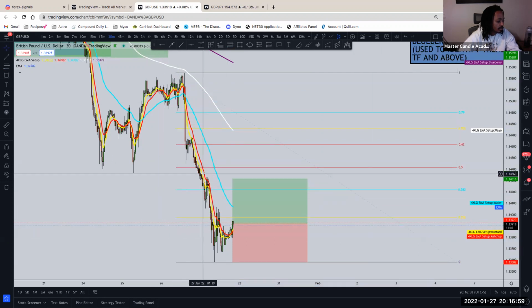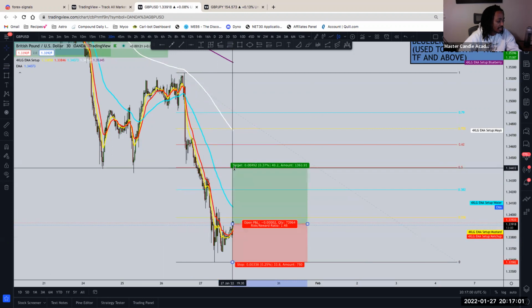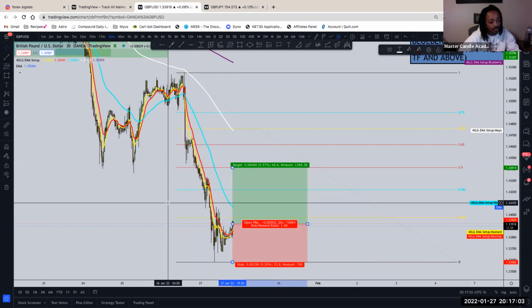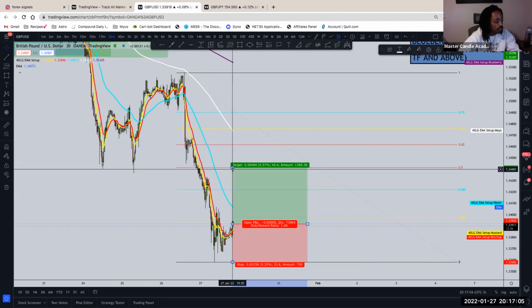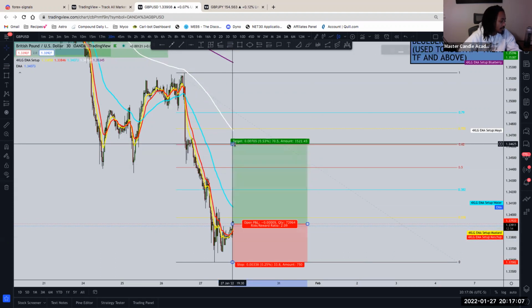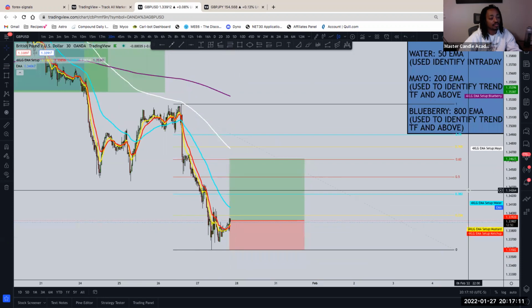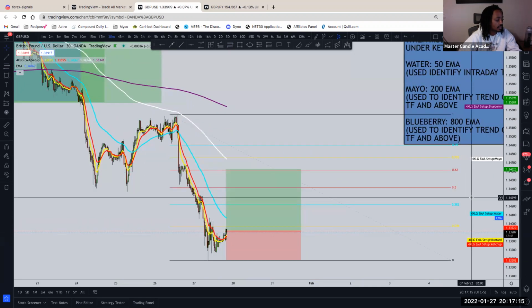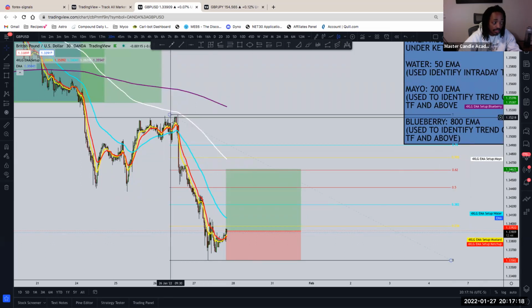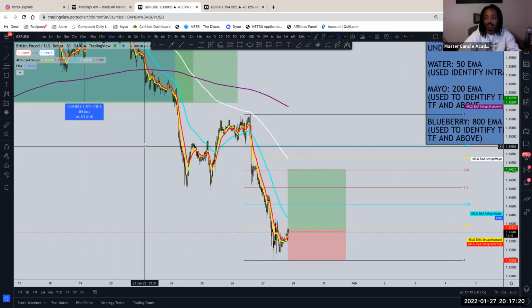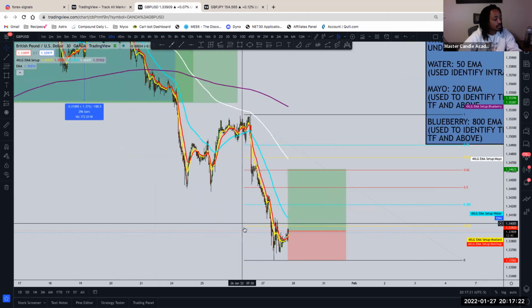I'm going to look for price to come and give me back at least 50%. To be realistic with you, because of the ferociousness of this downward move, right? How vicious this downward move is.